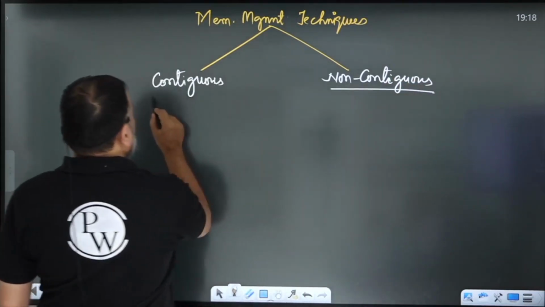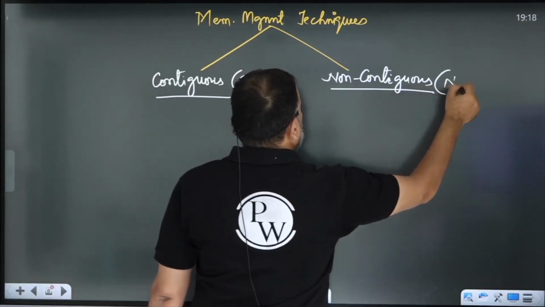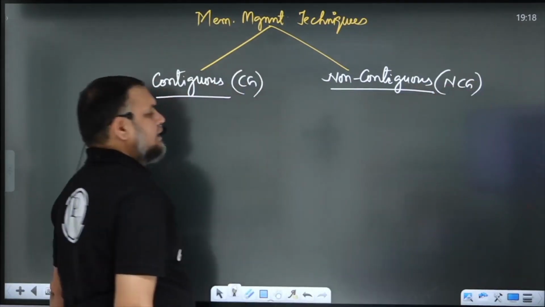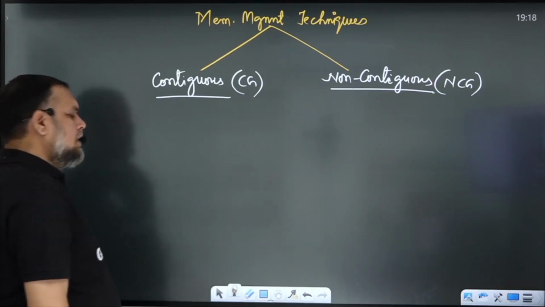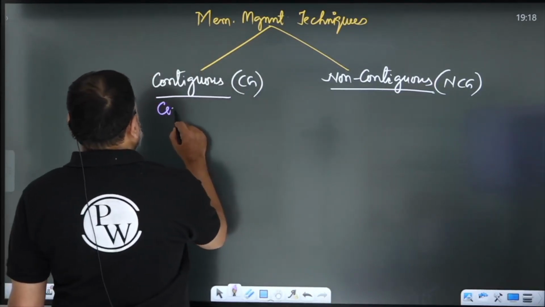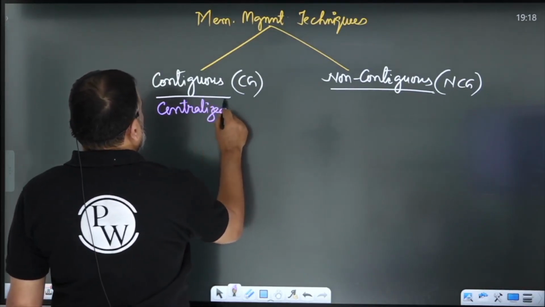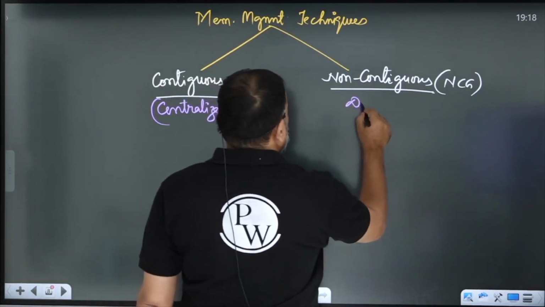I will write contiguous in short as CG. Non-contiguous I will write in short NCG. In my own terms, I would say contiguous is like centralized allocation. This is like decentralized or distributed approach.